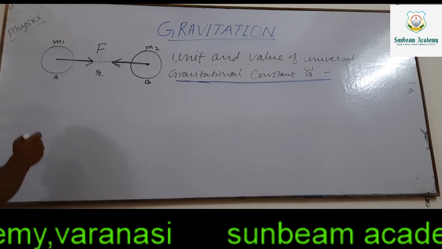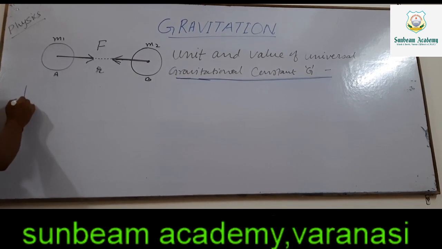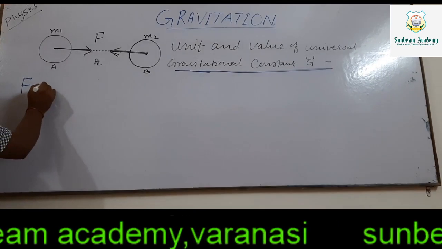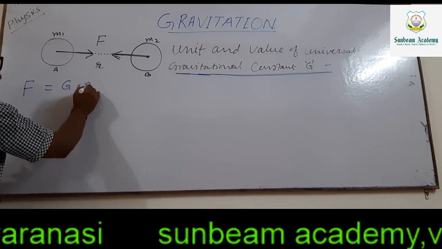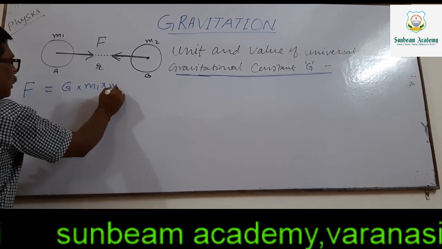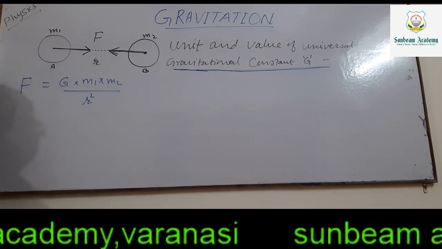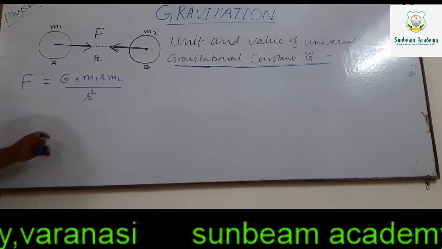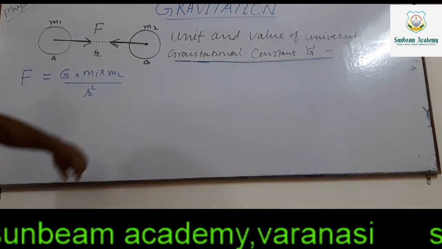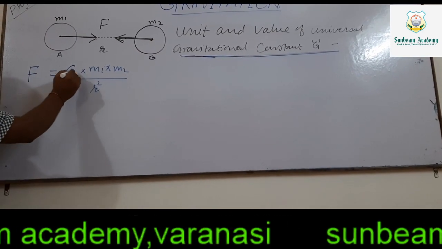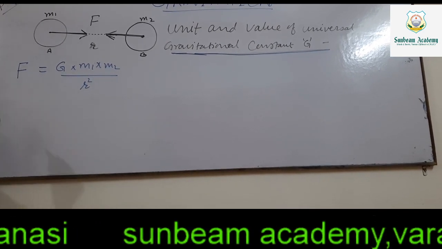Now student, as you have seen that as per Newton's universal law of gravitation, F is equal to capital G into m1 into m2 by r square. Now let us find out the unit and value of universal gravitational constant G. Means we have to find out what is the unit of this G and what is its value.